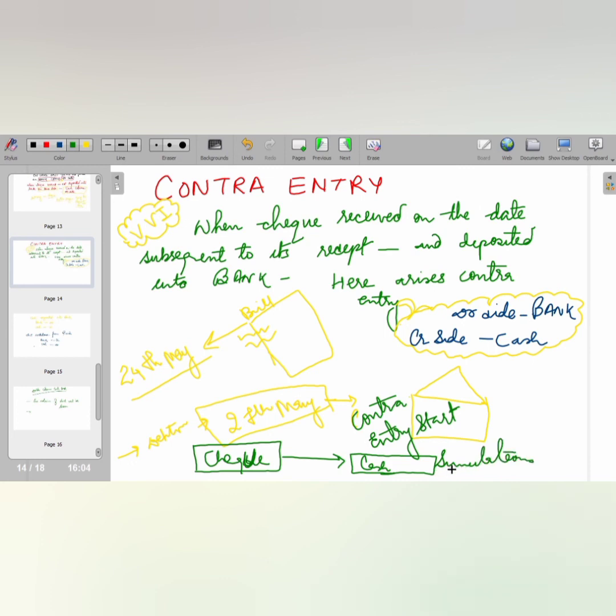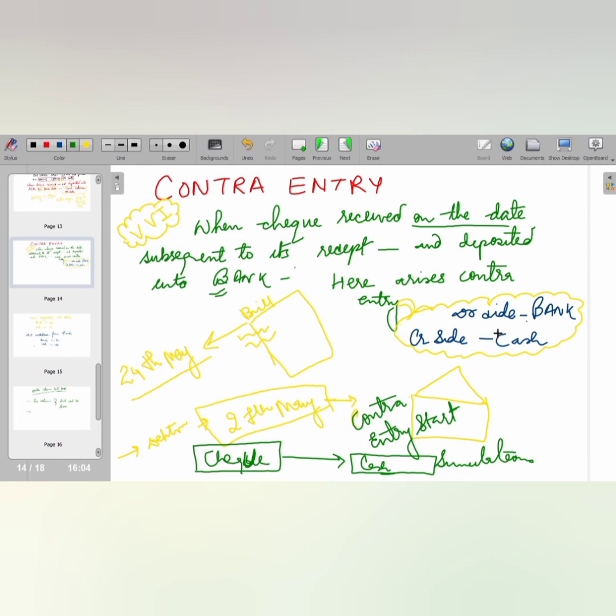So this is the situation where the contra entry arises, means the bank and cash column will be affected simultaneously. At the same time, the cash and the bank column will be affected, okay. So here is the one case when the check is received on a date subsequent to its receipt and deposited into the bank. So what happened? The contra entry arises, and then what we'll see on the debit side, the bank column will be affected, and on the credit side, the cash column will be affected.